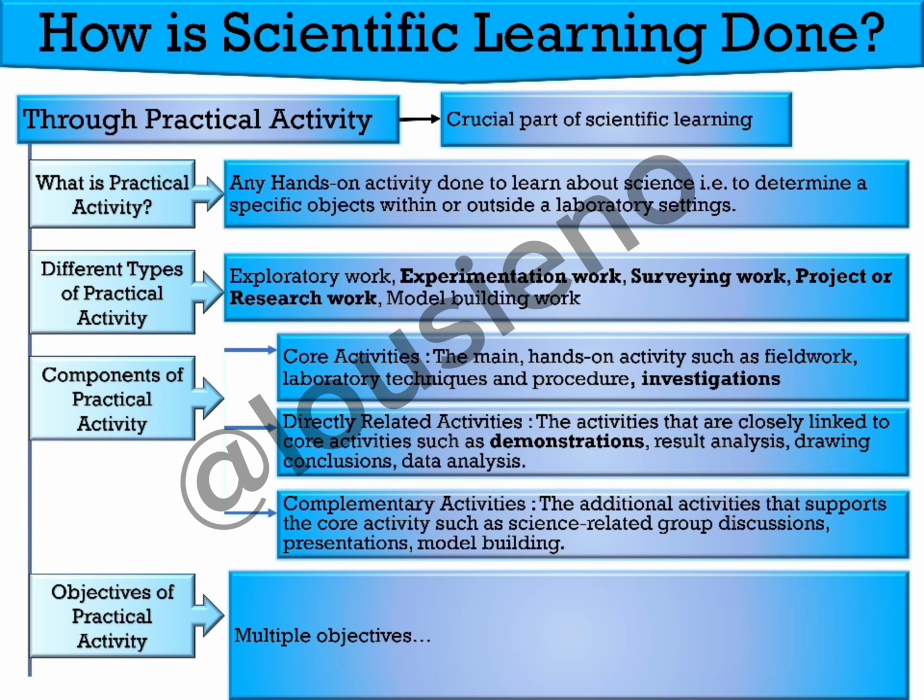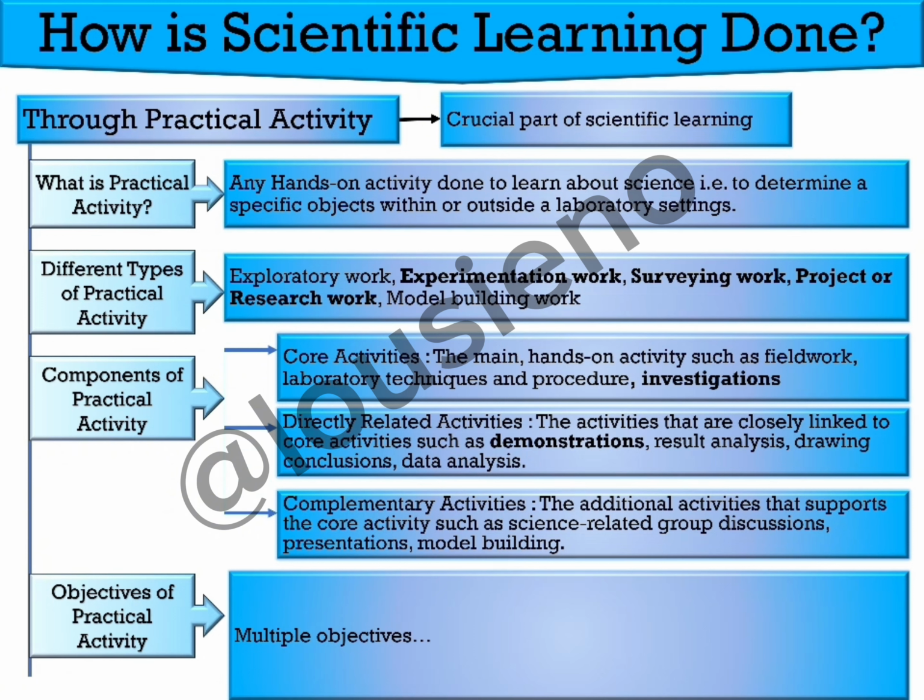Directly related activities: the activities that are closely linked to the core activities, such as demonstration, result analysis, drawing conclusions, and data analysis, are directly related activities. Complementary activities: the additional activities that support the core activities, such as science-related group discussions, presentations, and model building, are the complementary activities.